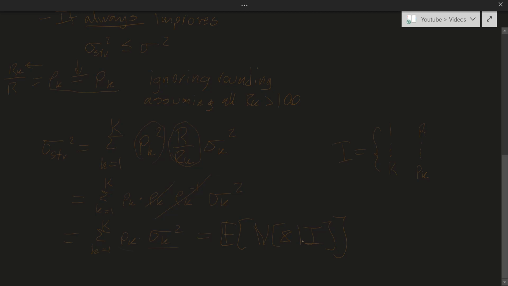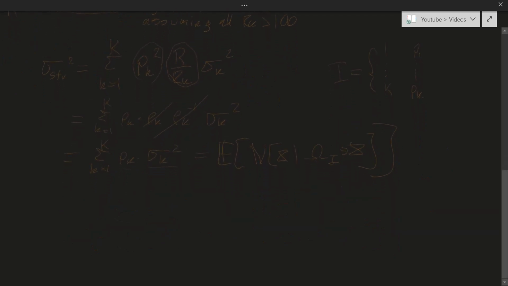Or probably a better way of writing this would be X being inside omega_I. So this is the expectation of the variance of X given X is inside strata I, where I is determined with these probabilities.